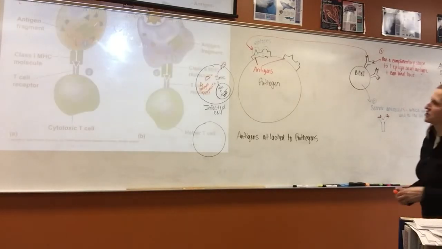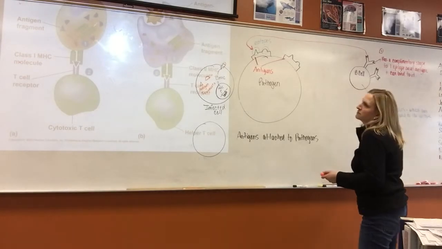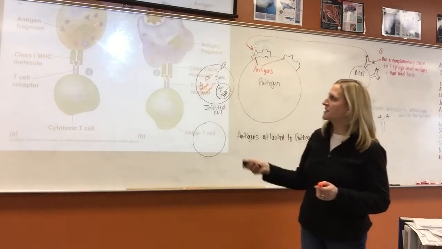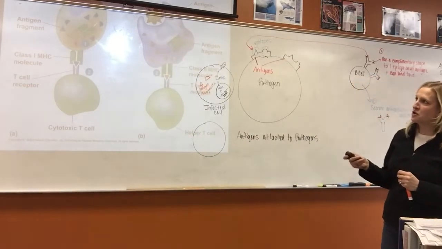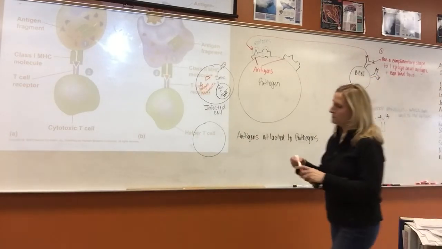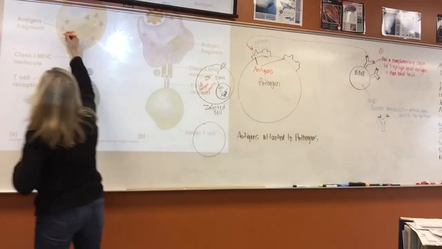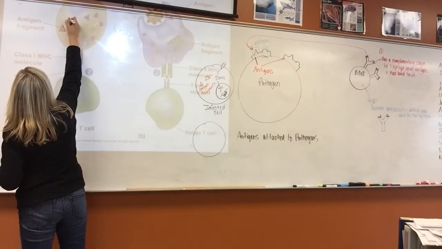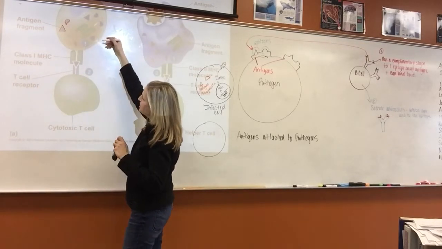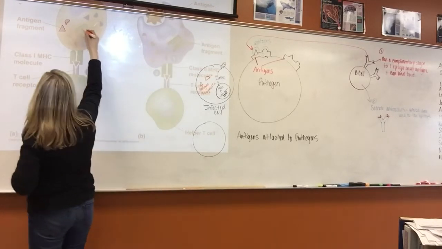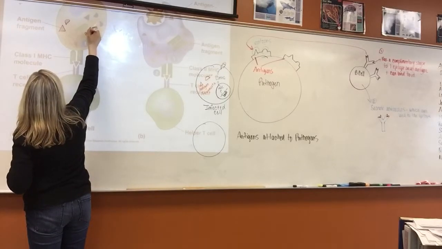So let's look at this picture here. Let's look at the left side, because this is what we've just talked about. Here's your infected cell. Notice here are your antigen fragments. There are two different kinds of antigen fragments from the infection. And then notice this green thing, this is your MHC molecule.